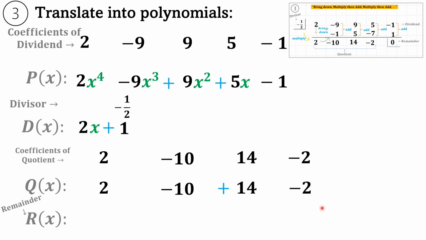Okay, 0, 1, 2, 3. The quotient's degree is 3. Now there's another way by subtracting the degree of the dividend and the divisor. 4 minus 1 is 3. Okay, and for the remainder R of X, it is 0.